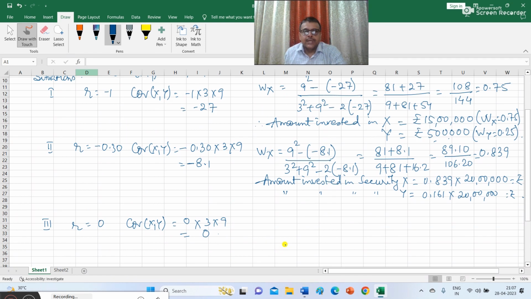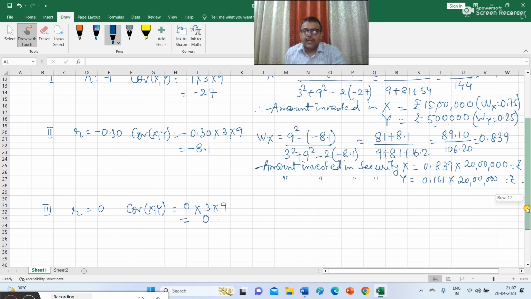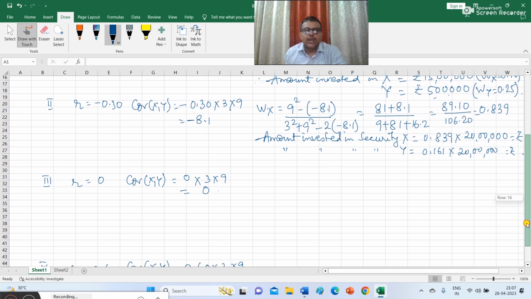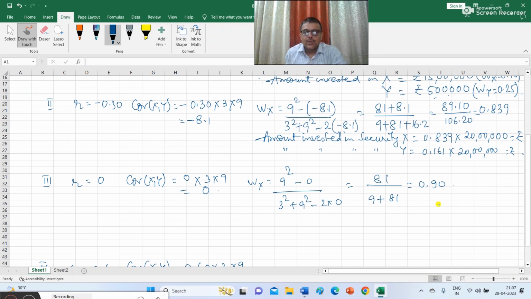Now we will calculate the weight of security X in the third situation when R is equal to 0. So Wx will be equal to 9 square minus 0 by 3 square plus 9 square minus 2 into 0. You will get a value of 0.90.